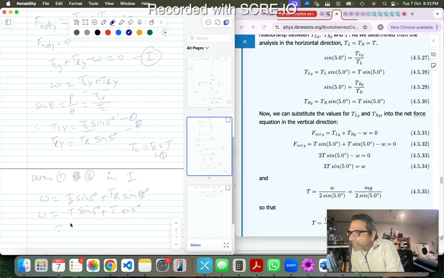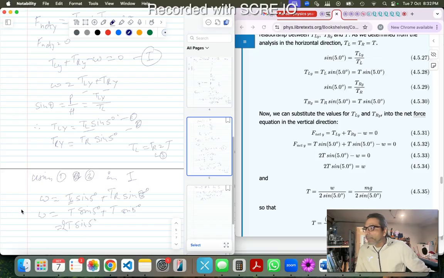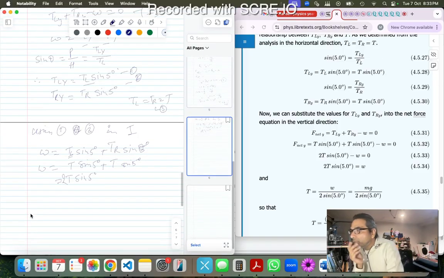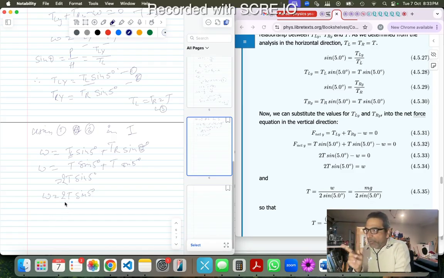Which gives us 2T sine 5 degree, right? Now here we can say W equals 2T sine 5 degree. Now here comes the thing: the question was to calculate the tension.